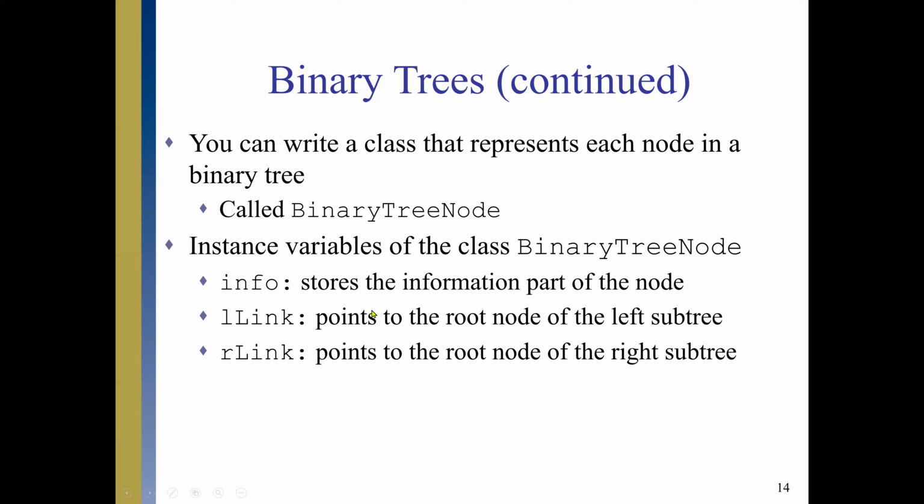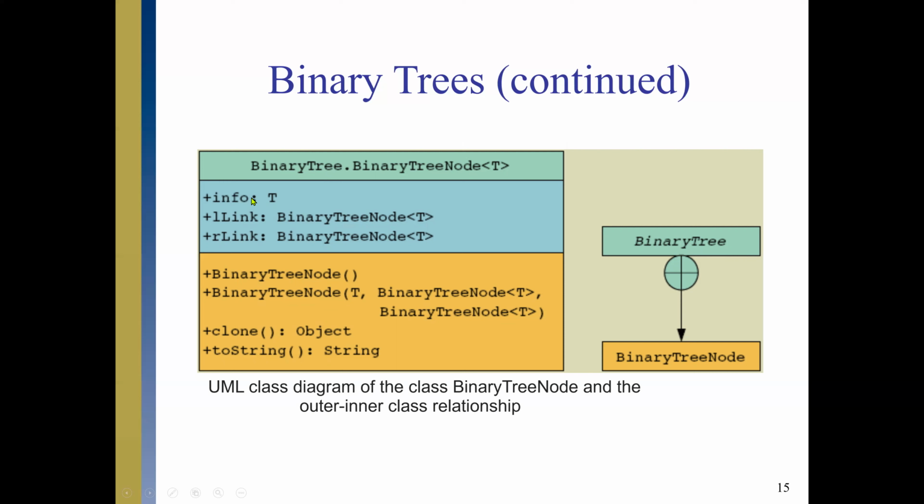So here we say info stores the information part of the node, and L link or left link points to the root node of the left subtree. And then the right link or R link points to the root node of the right subtree. So this is our class. We have our instance variable info.